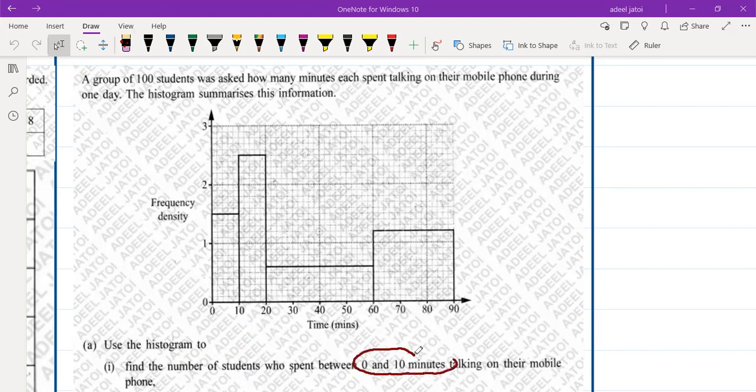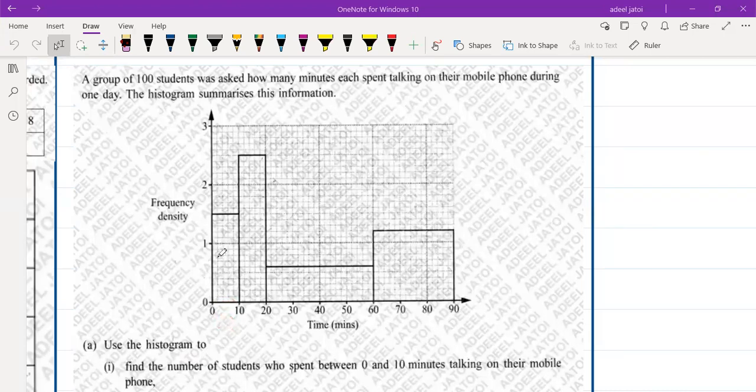Now, the examiner is not asking you to find the frequency for the entire data. The examiner wants only the number of students from 0 to 10. So 0 to 10 is here. From the base, you can always get the class width. So 0 to 10, the difference is 10.